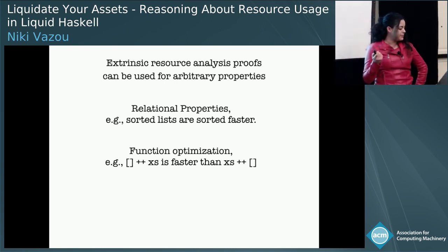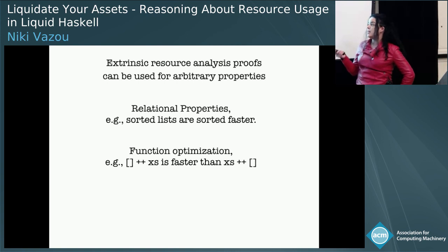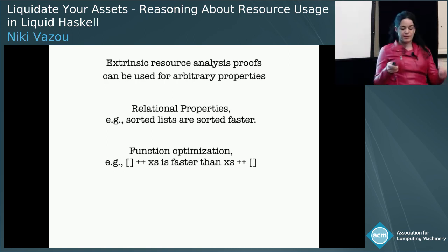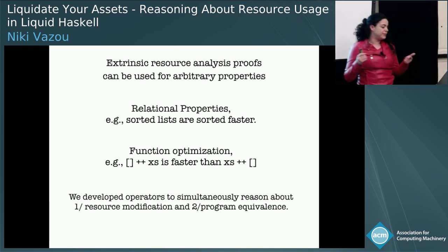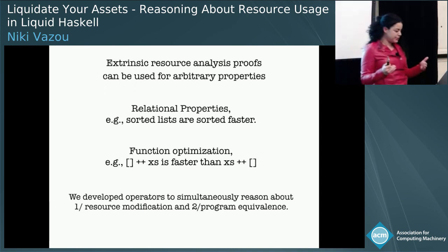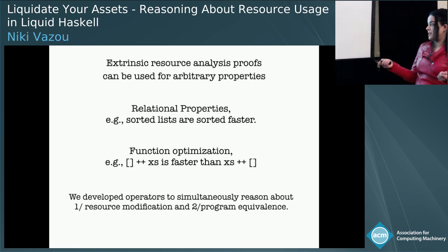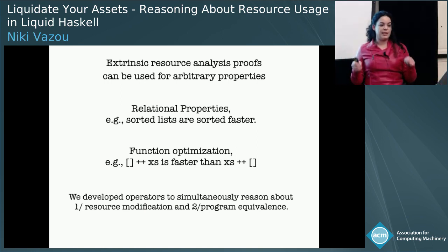So in the paper, we have many functional optimization properties. For example, this says that if I append empty with x's on the right, it's faster than appending it on the left. And so in the paper, we have developed some fancy operators that at the same time reason about resource modification and also prove that the program equivalence is preserved.